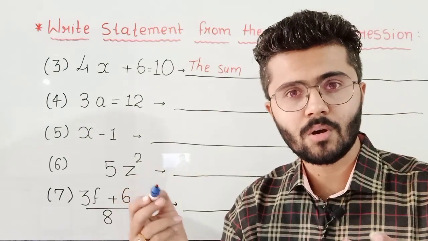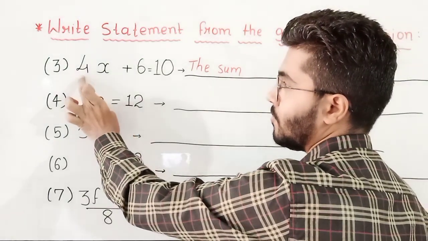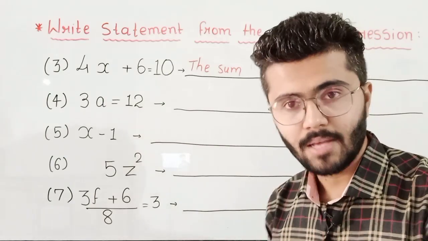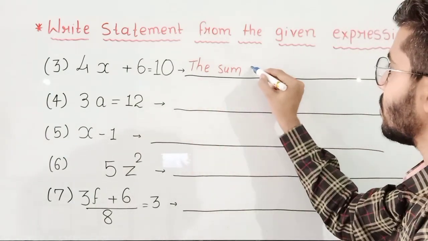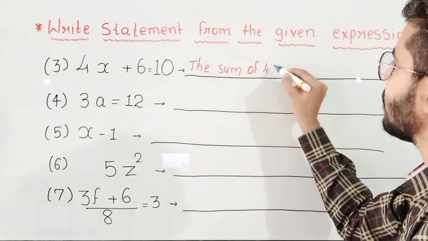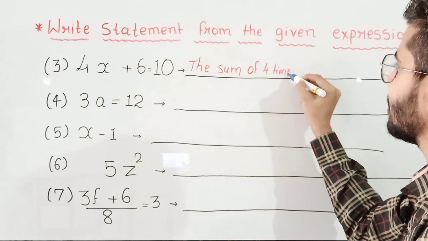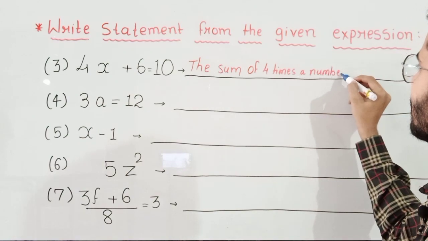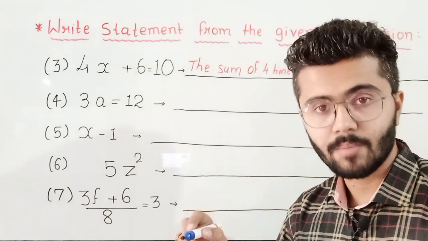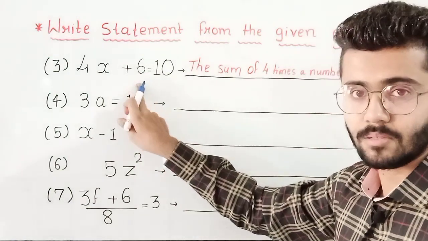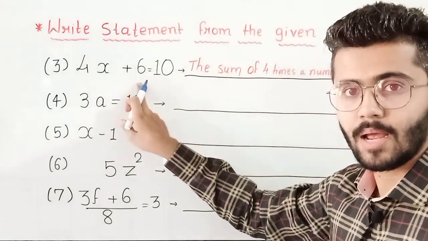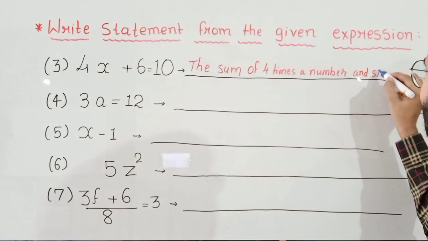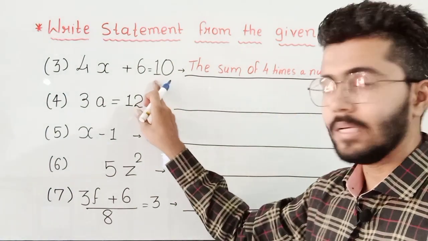The sum, whose addition, whose sum? The sum of 4x. So can we write 4 times a number? Yes, the sum of 4 times a number and 6, and means plus. So 4 times a number and 6 is equal to 10.